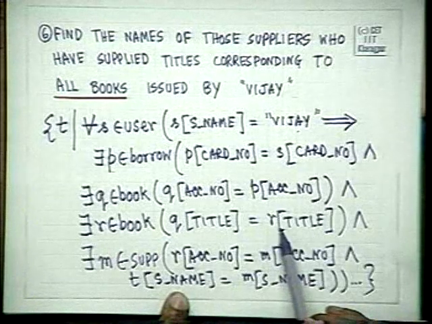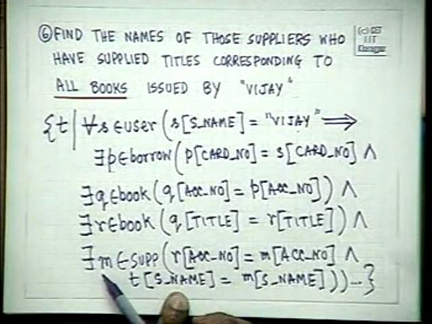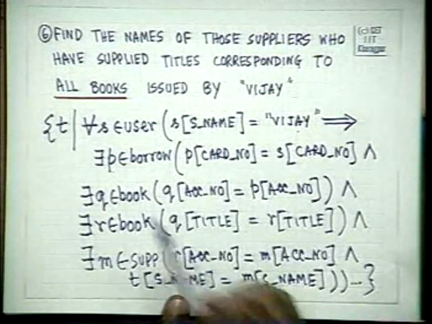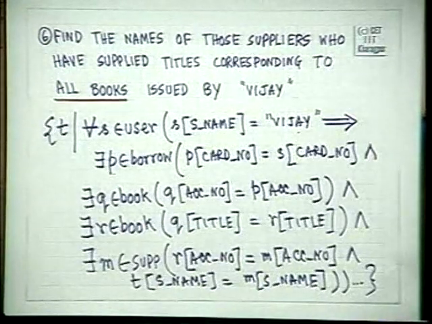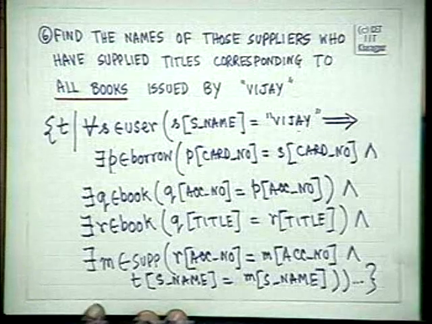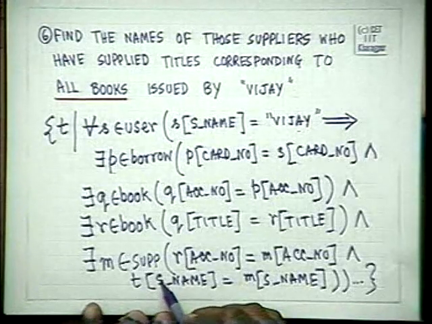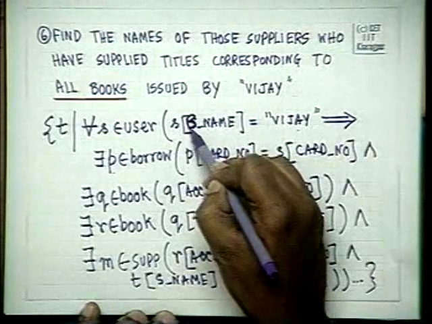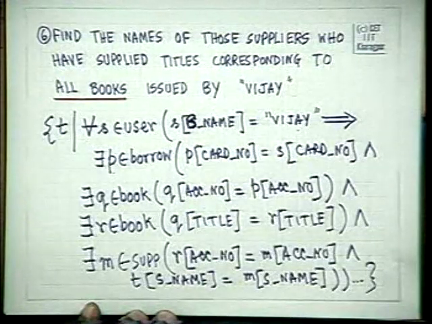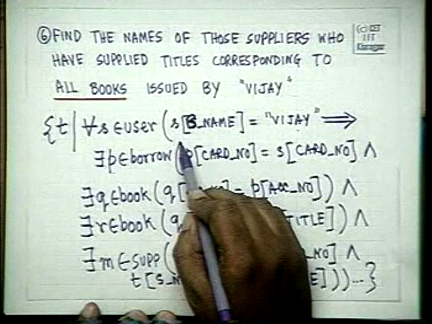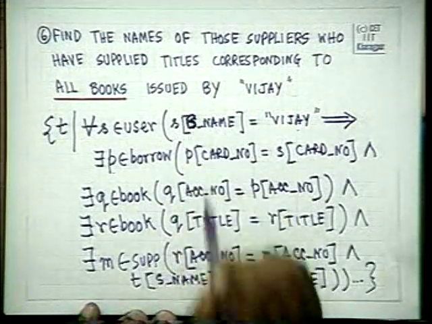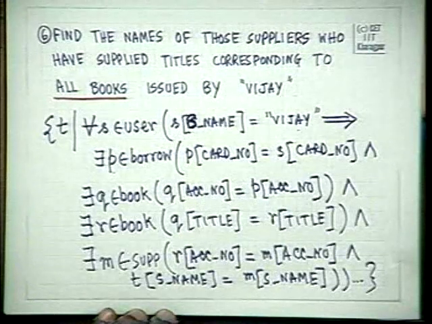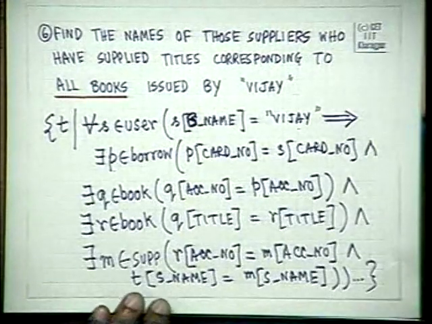So for this R, the accession number must be same as the book supplied by this supplier, and the supplier name must be this. So this is how, I am sorry, this is B name. This is B name, this is not S name. This is B name. And this is S name. So this is how we get the contains or the divides by relationship.